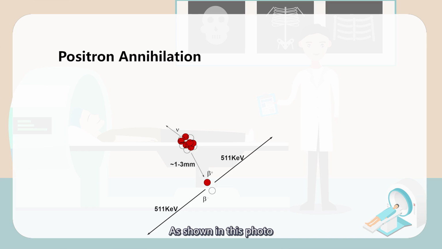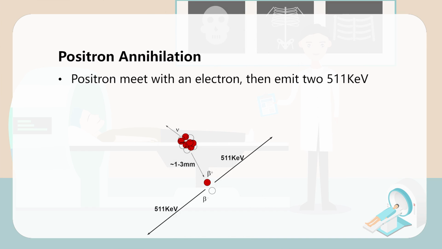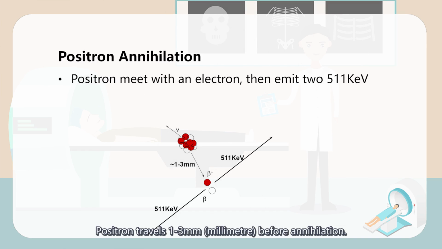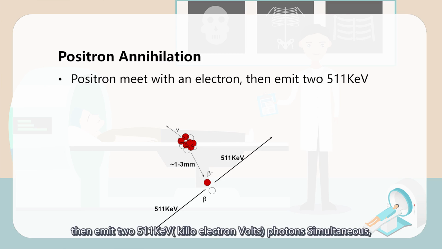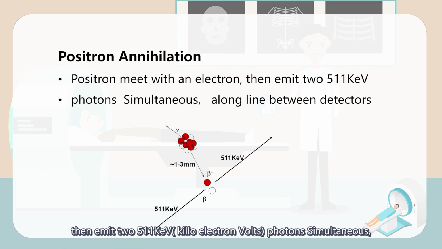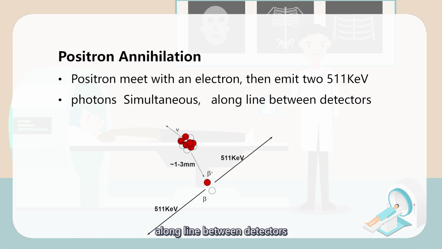As shown in these photos, a positron travels only 1 to 3 millimeters before annihilation. During the annihilation process, a positron meets with 1 electron, then emits 2 511 kilo-electron-volt photons simultaneously along the line between detectors.